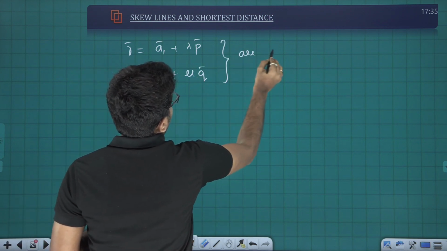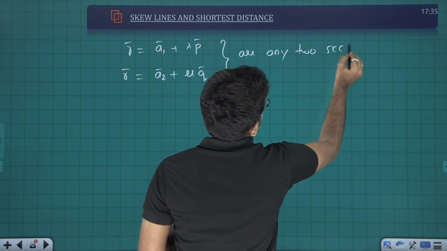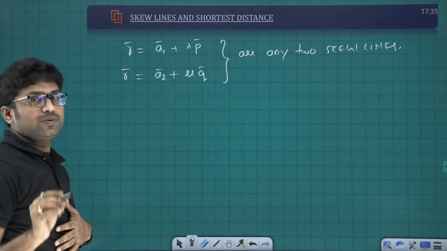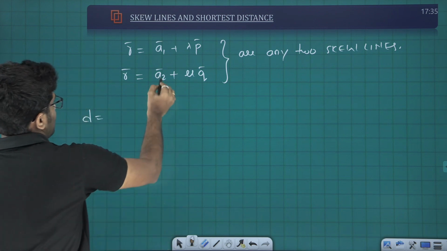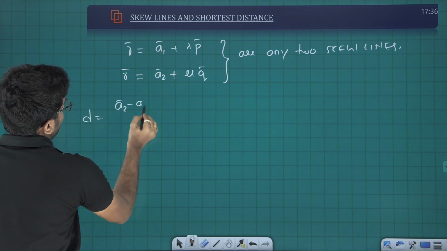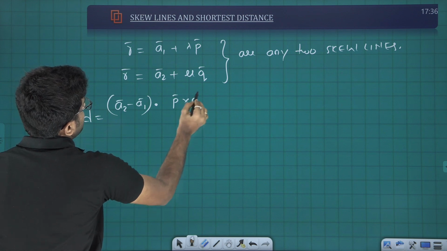are any two skew lines. Then the shortest distance between them, if D denotes shortest distance, the process is so simple, friends. We find the difference of A1 and A2, that is (A2 bar minus A1 bar) dot (P bar cross Q bar).